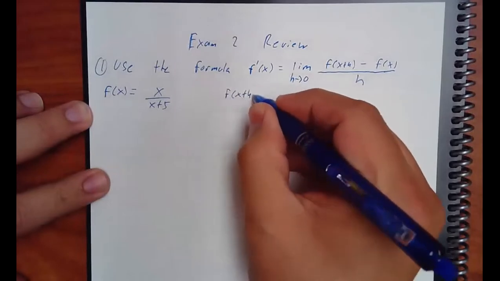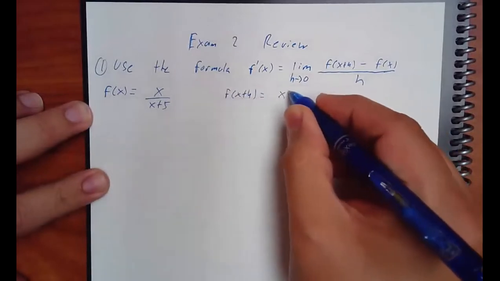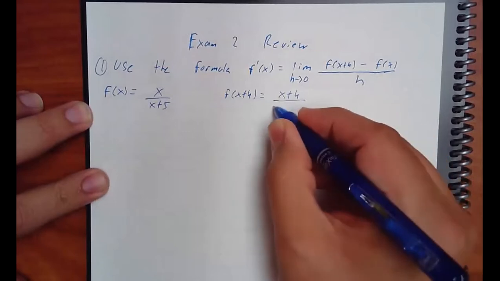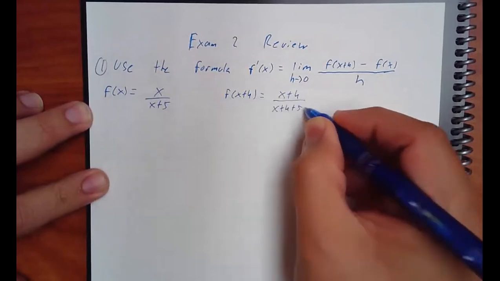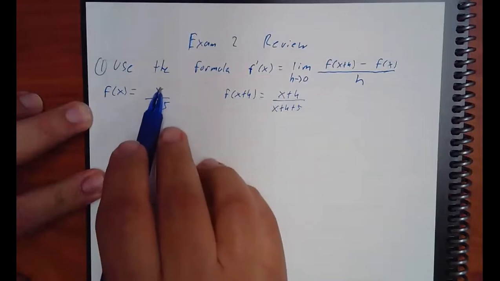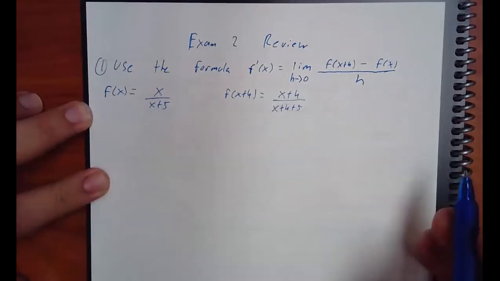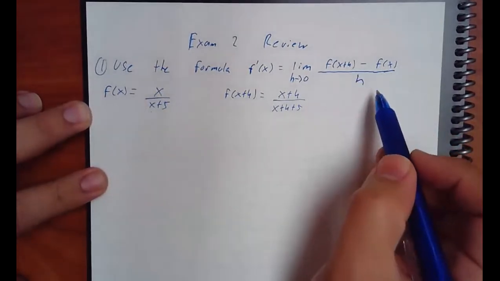F of x plus h would simply be x plus h over x plus h plus 5, right? You plug in x plus h wherever you have an x. Subtract them and divide by h.